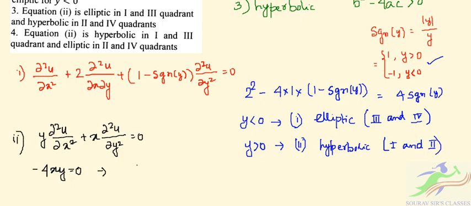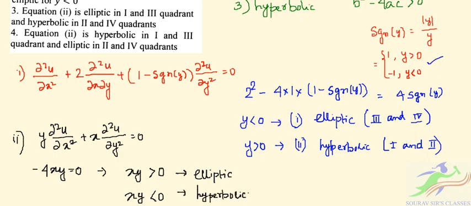When xy is greater than 0, it will be elliptic in our case, and when xy is less than 0, it will be hyperbolic for this differential equation. So it will be hyperbolic in the first and the third quadrant, and elliptic in the second and the fourth quadrant.